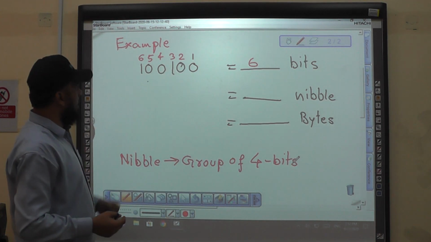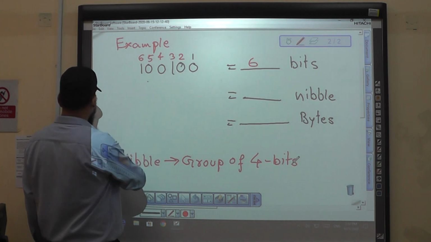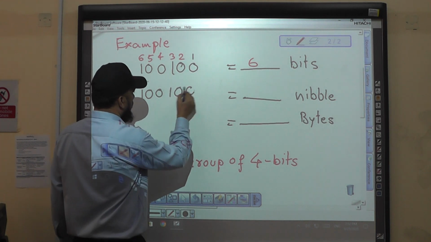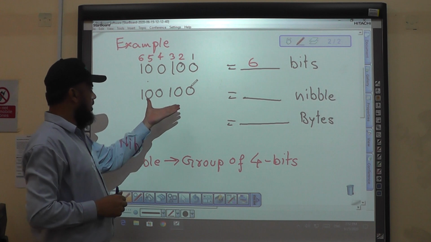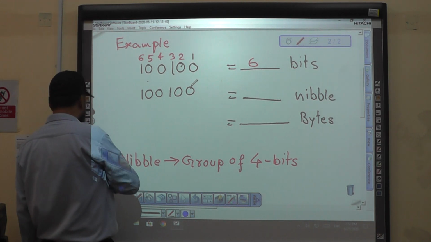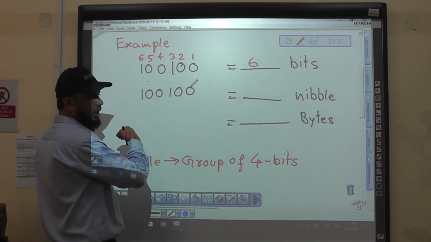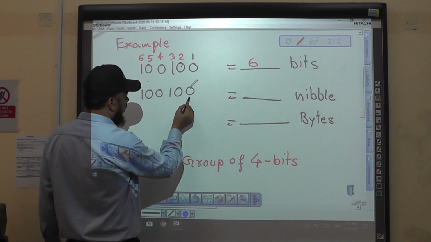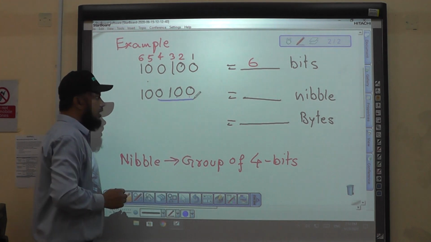For this example, we will write the same question as 100100. What is the procedure to find out how many nibbles there are? You have to count the digits from right to left, 4 bits at a time. This is 1, 2, 3, 4. This is one nibble.